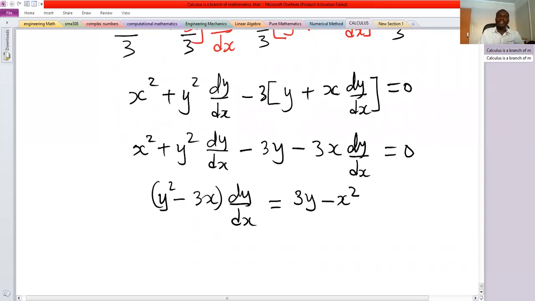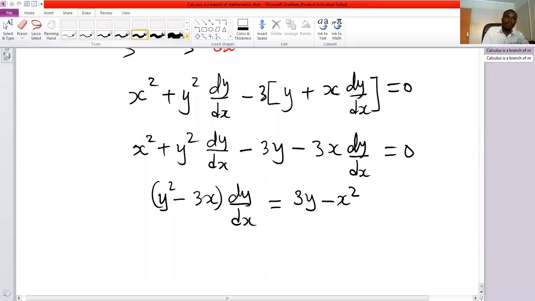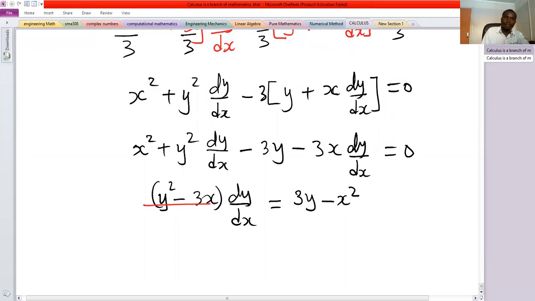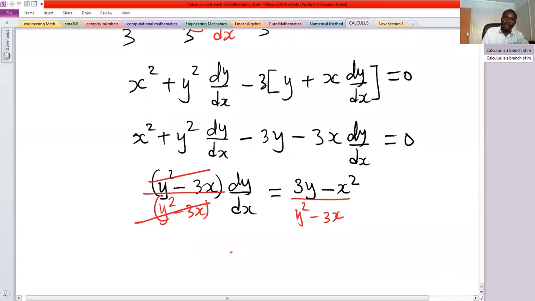To make dy/dx the subject, we divide through by the factor y squared minus 3x, so this and this cancel out, and dy/dx equals (3y minus x squared) divided by (y squared minus 3x).